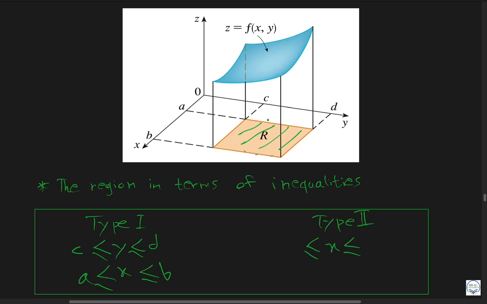We know that all of these points lie from x equals a till x equals b, that means a to b. Afterwards we will do the y inequality, and y is bounded between y equals c to y equals d.